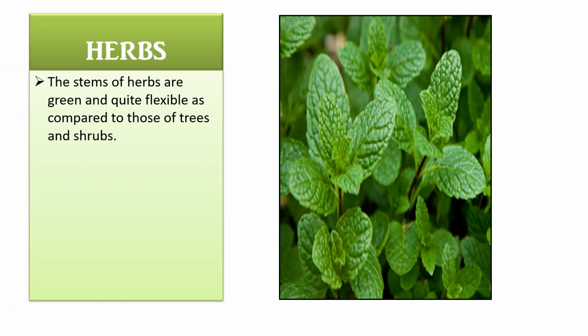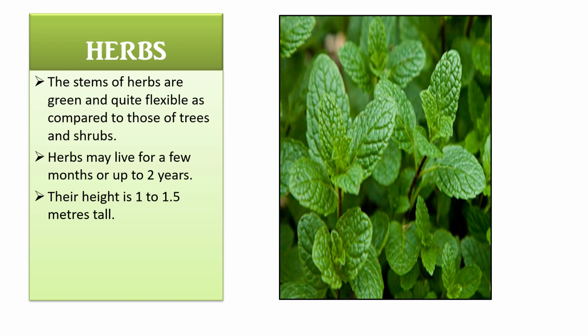The stems of herbs are green and quite flexible as compared to those of trees and shrubs. Herbs may live for a few months or up to 2 years. Their height is 1 to 1.5 meters. Example, mint, fenugreek.